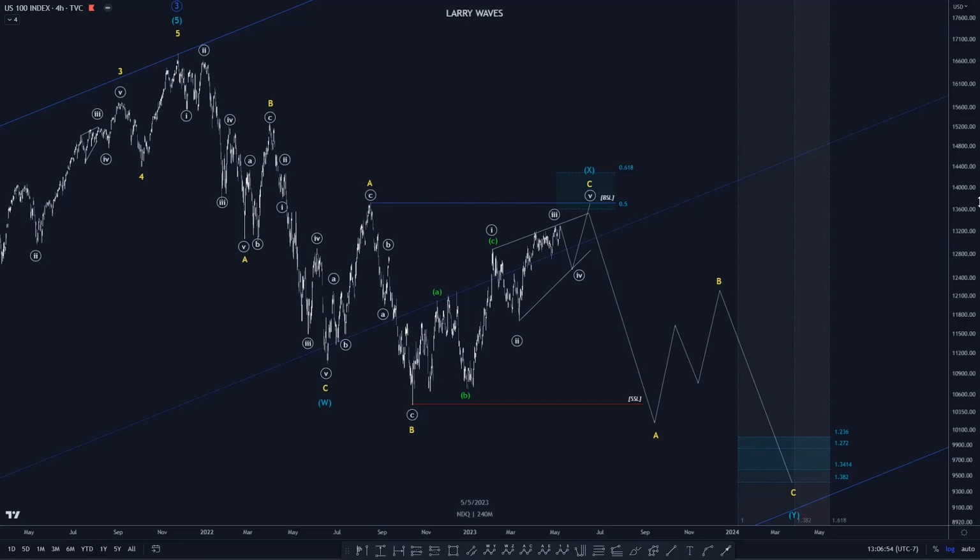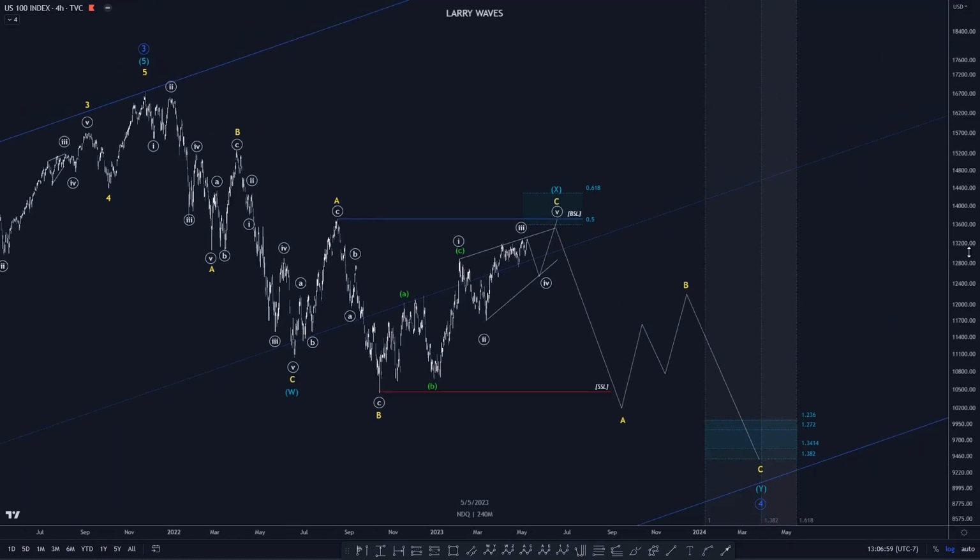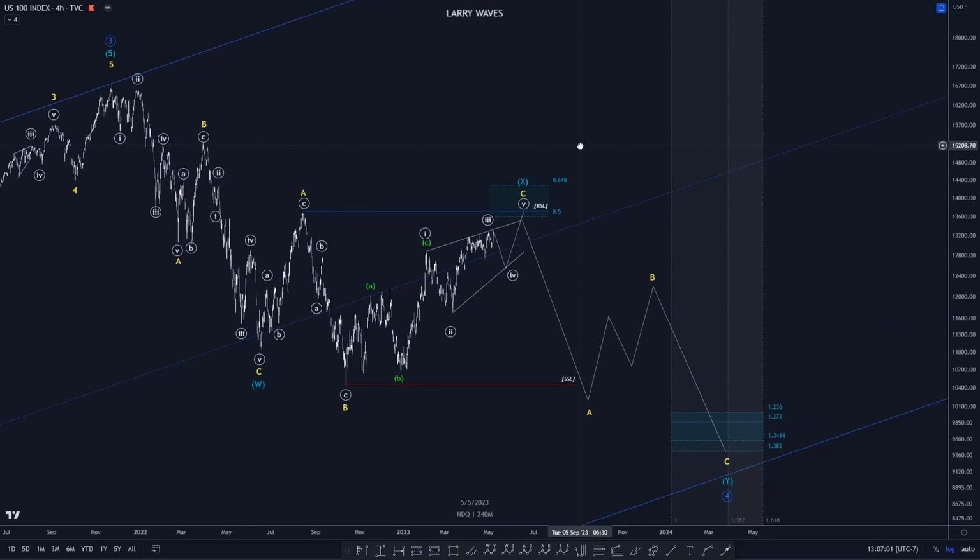But other than that, anybody else have any other questions? I could post most of these counts too, the Elliott Wave counts.